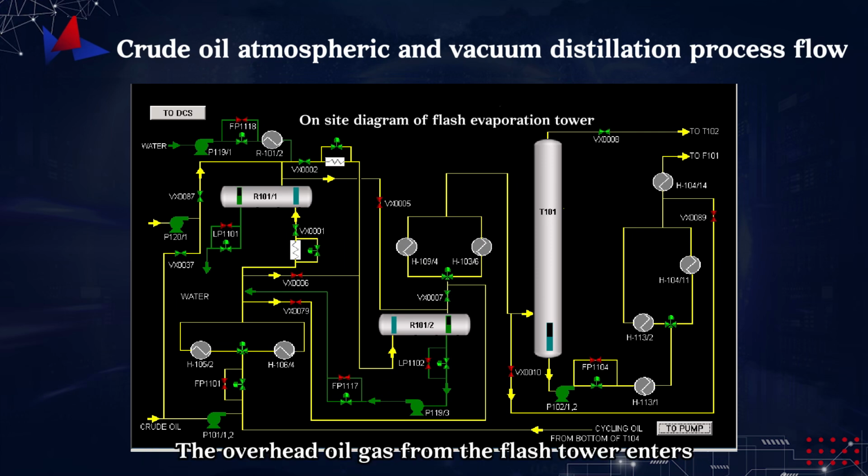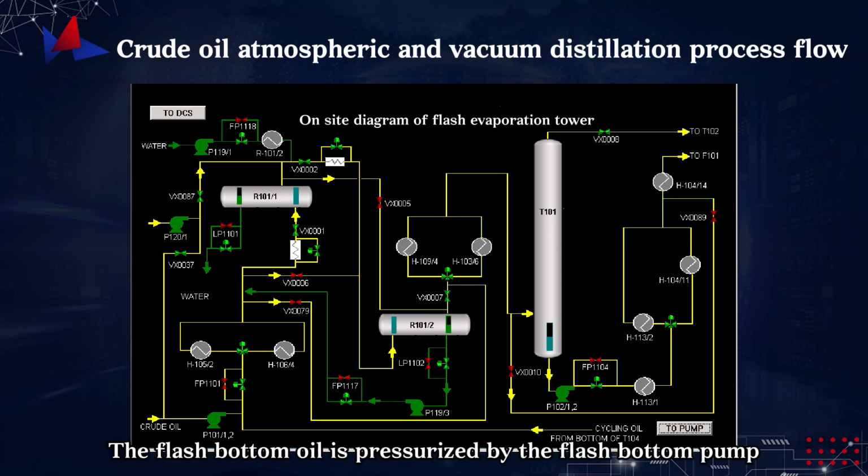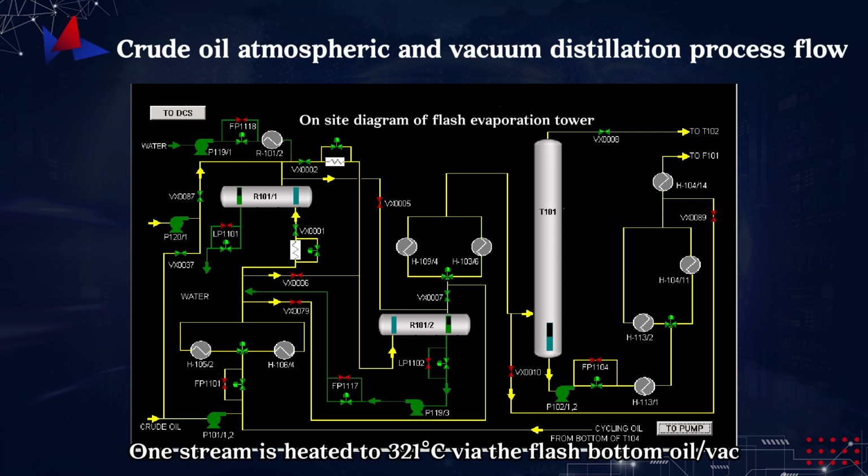The overhead oil gas from the flash tower enters the 28th tray of the atmospheric tower T102. The flash bottom oil is pressurized by the flash bottom pump P102 and is again divided into two streams for heat exchange. One stream is heated to 321 degrees Celsius via the flash bottom oil VAC second side stream exchanger, flash bottom oil VAC second intermediate reflux exchanger, and flash bottom oil VAC residue exchanger.